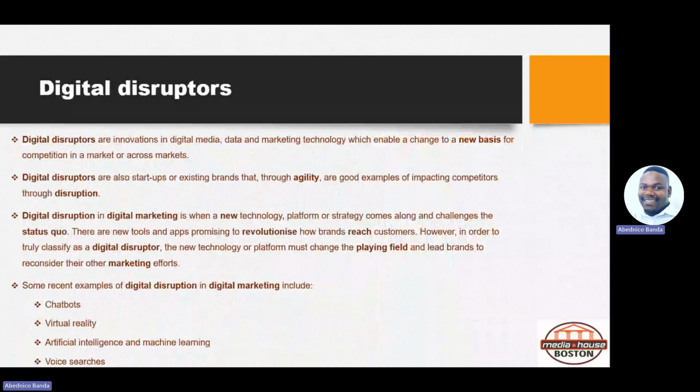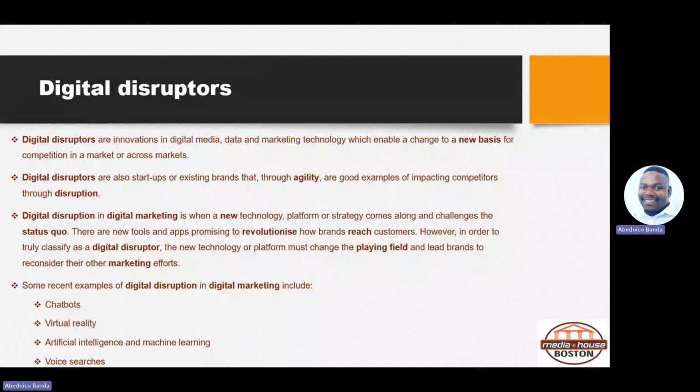If it wasn't for disruption, maybe those platforms could be alive today, but they are now dead, especially if they do not innovate themselves. So digital disruptors are also startups or existing brands that, through agility, are good examples of impacting competitors through disruption.